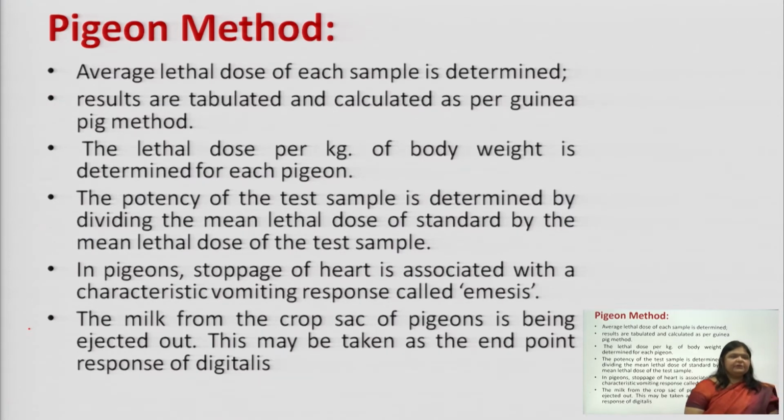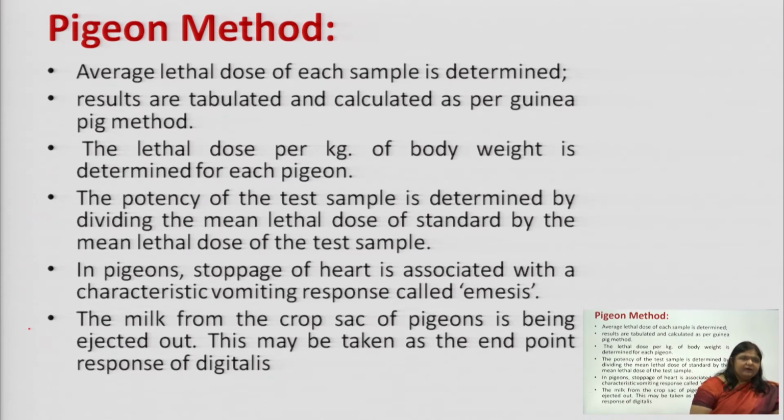So that stoppage of the heart or that vomiting response is taken as the endpoint. Or in pigeons there is a crop sac from which milk is ejected out whenever the जो lethal dose होगा, जब heart stop कर जाएगा, जो lethal dose होगा, there is also milk from the crop sac of the pigeon that is ejected out, and that is also taken as an endpoint in response to the digitalis.